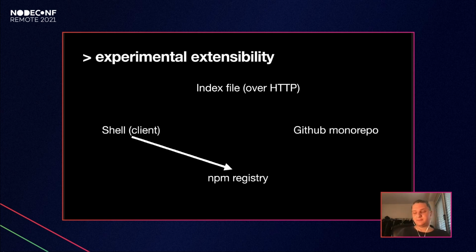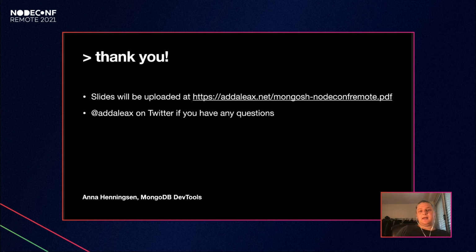I mean, it can depend on other packages. For example, we also have one where we're doing schema analysis on your databases or your collections. And that uses existing NPM packages that do that and just integrate it in the shell a bit more nicely. And yeah, that's actually already it.